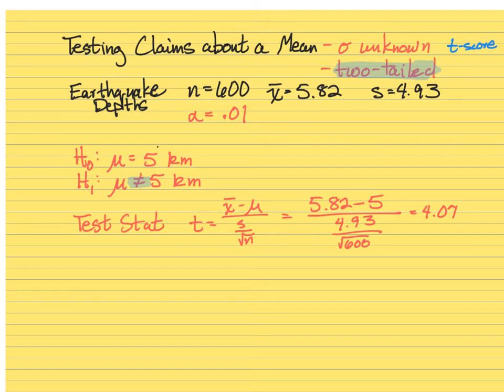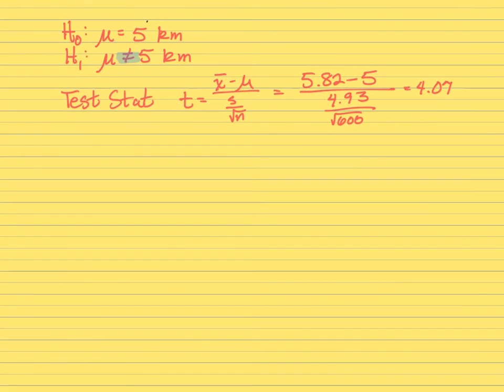Once you have your t-score, you calculate the p-value. And remember, this is how it works. I'm going to put an asterisk here because it's in calculating the p-value where the two-tailed test differs. So here's how it looks.